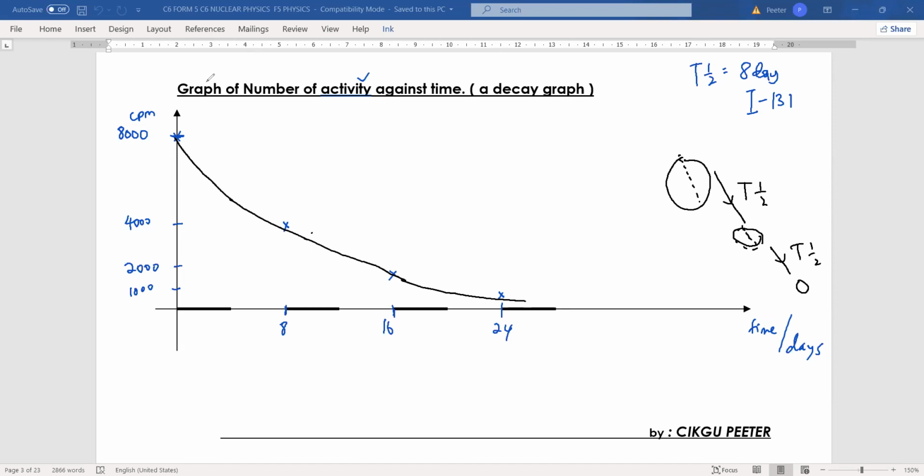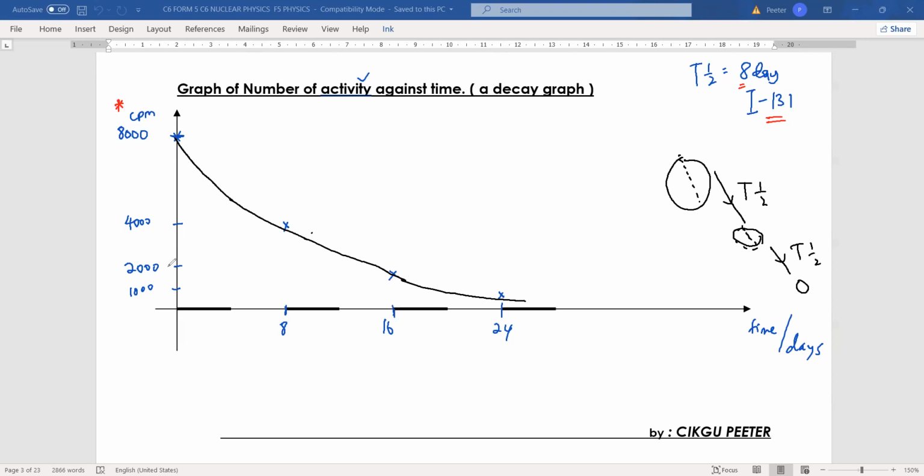Say, for example, the initial amount was found to be 8,000 counts per minute of iodine 131. After the first 8 days, because the half-life of iodine 131 is 8 days, the balance recorded will be only 4,000 counts per minute. After another 8 days, it will be half of 4,000, which becomes 2,000.